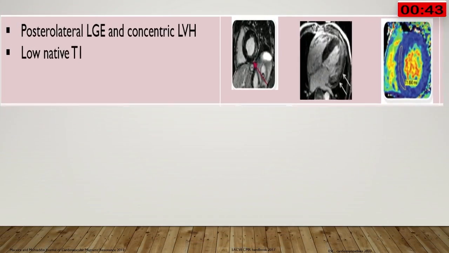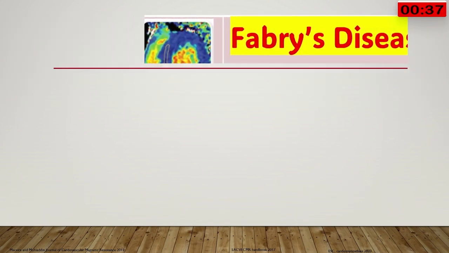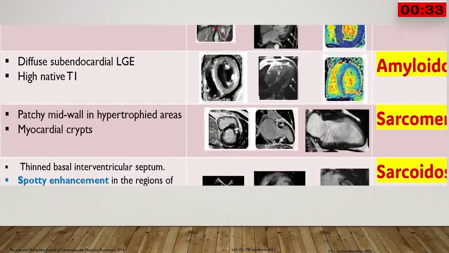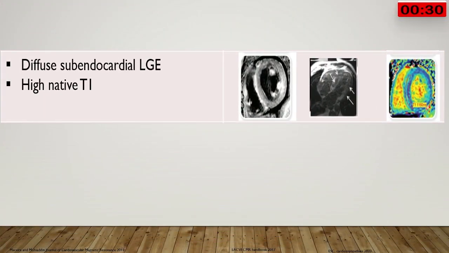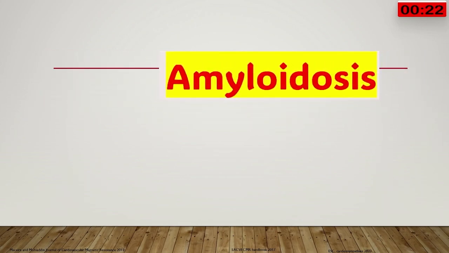If you found posterolateral late gadolinium enhancement and low native T1, diagnosis is Fabry's disease. If you found diffuse subendocardial late gadolinium enhancement and difficulty of nulling the myocardium and high native T1, it is easy to say cardiac amyloidosis.